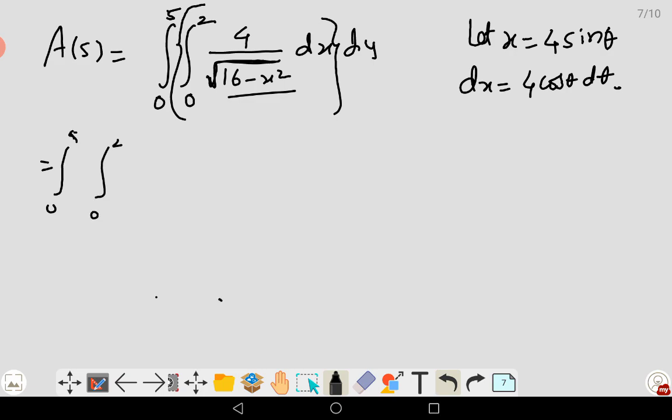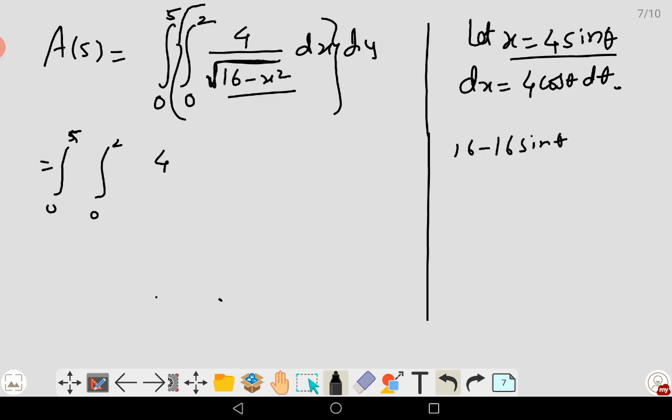Let the limits be the same; we will be back to x again. 4 over, what is the denominator? We will calculate it here. 16 minus x square is 16 sine square theta. Under the square root, the square root of 16 is 4. You can take 4 outside. When you square it, it is sine square theta. Are you clear about this one?